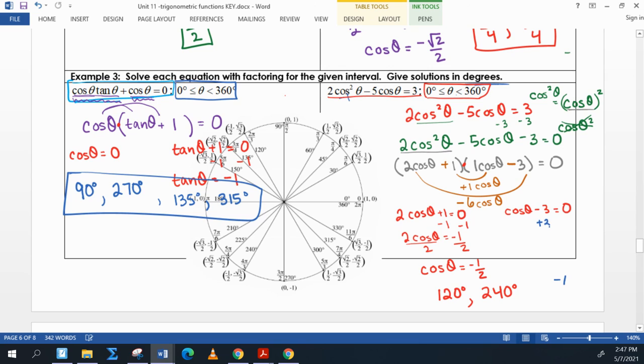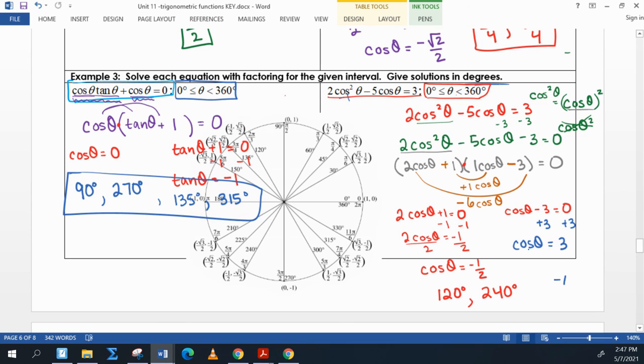And then we're going to come over here and solve this one. If we add 3 to both sides, cosine of theta is equal to 3. When we grab our unit circle to see if there are any 3's around here, there are not. This is what we call an extraneous solution, so watch out for these. Sometimes the numbers are not on our circle or in our interval.